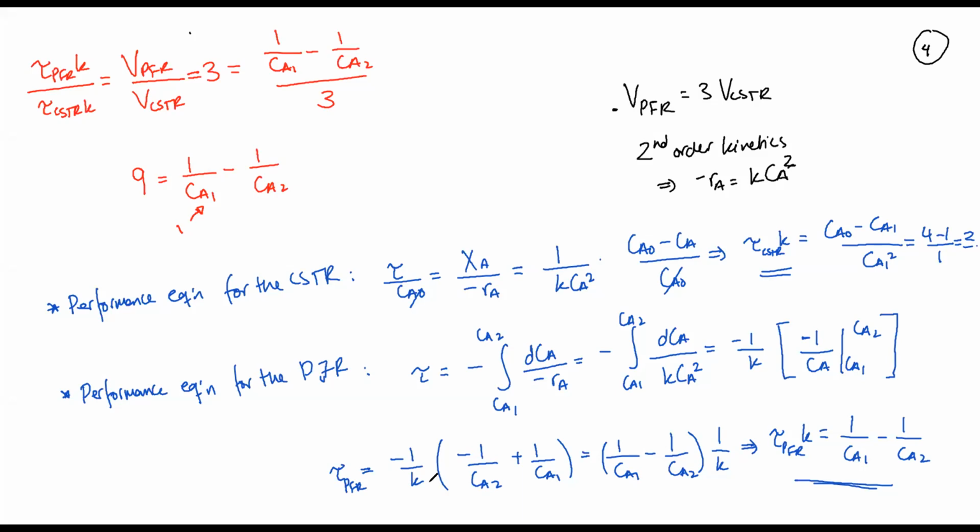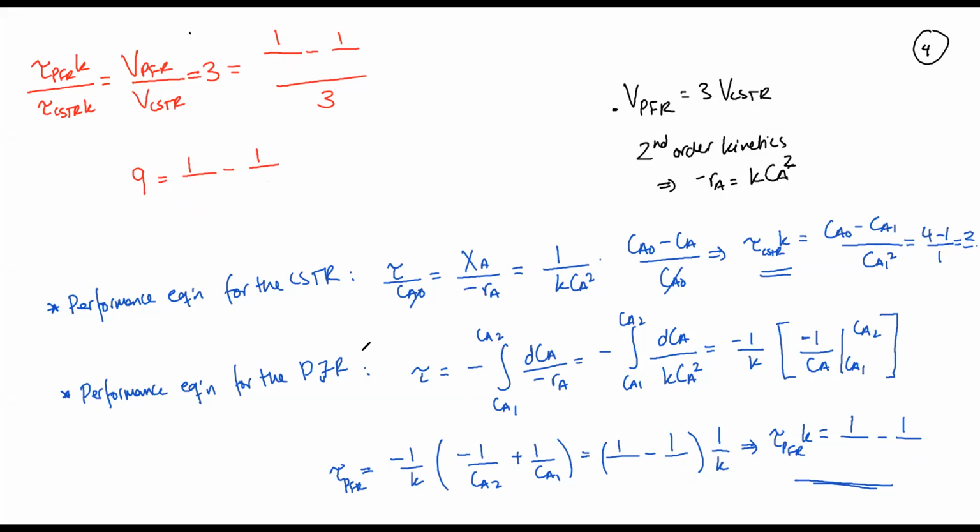Because what I did here is 1 over minus 1 over K minus 1 over CA2 plus 1 over CA1. For some reason, I don't know what happened. Anyways, it's wrong. Just be careful. Let's rewrite it. These have to be flipped. Let's rewrite them everywhere.